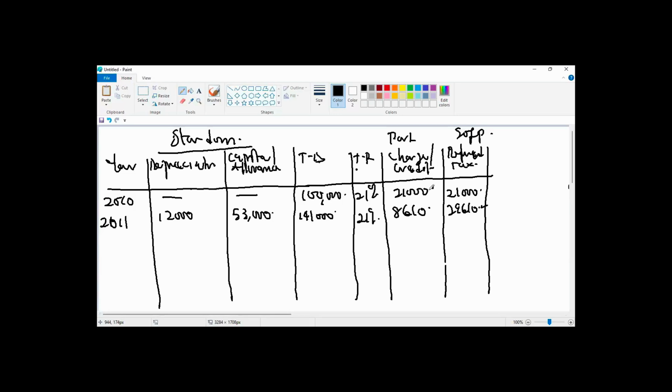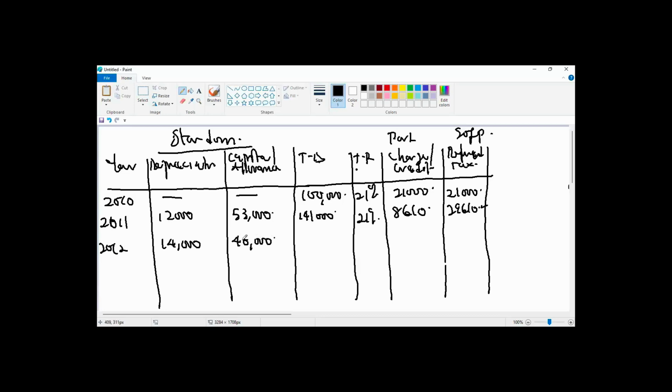Any issue? In 2012, depreciation is 14,000 and capital allowance is 40,000.